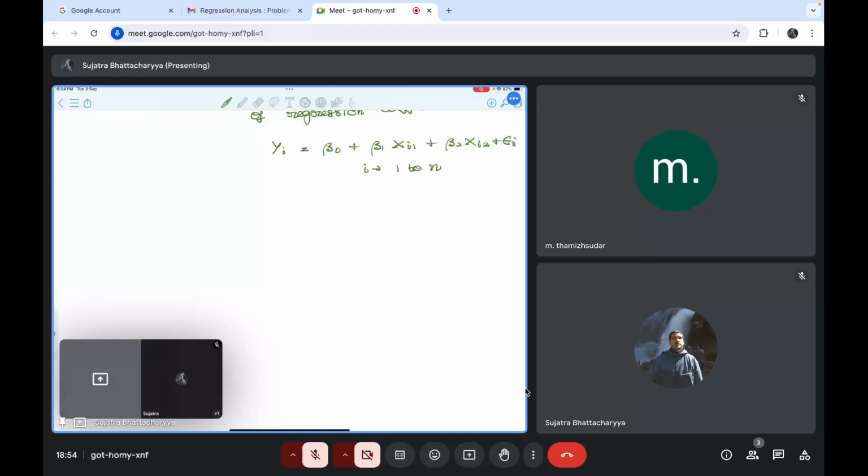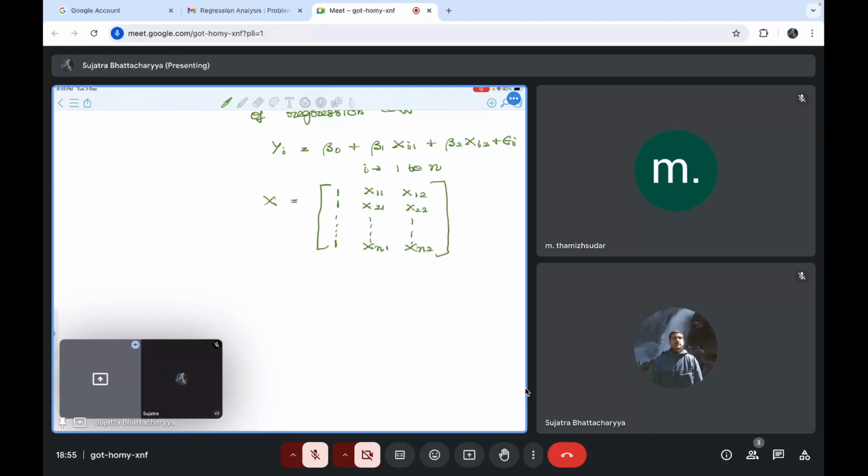And we know that X is generally written with all 1s in the first column because beta naught is present, then x11, x21, and so on up to xn1, and then x12, x22, and so on up to xn2.